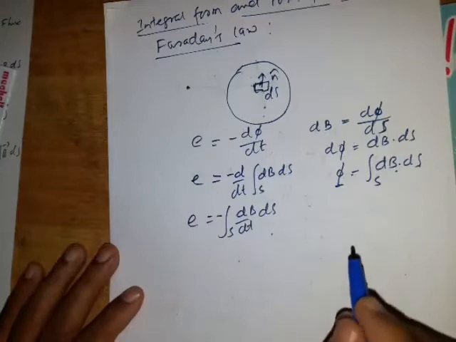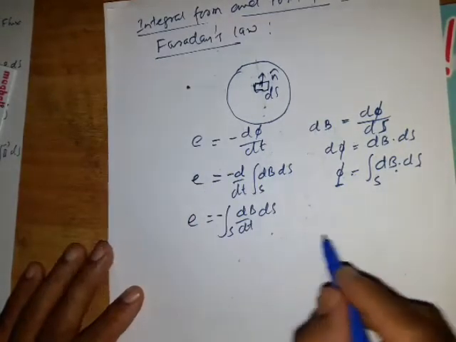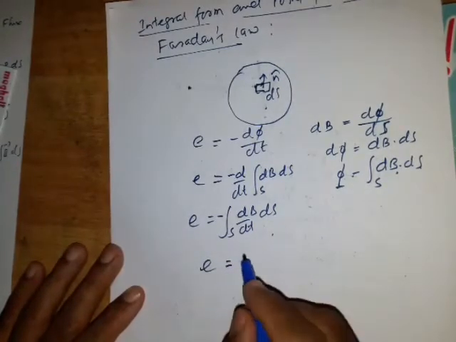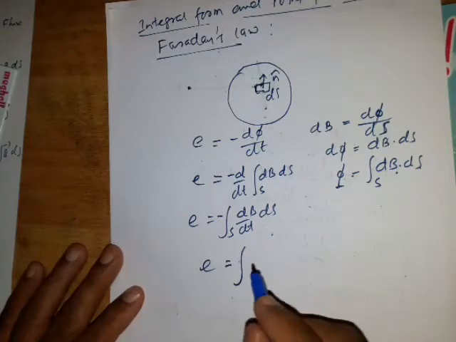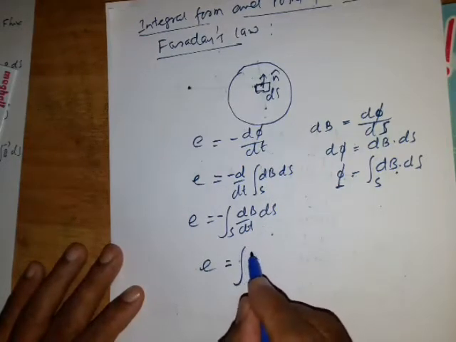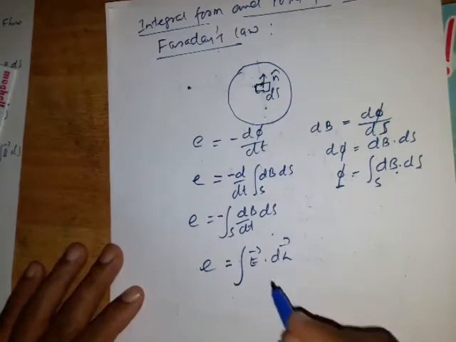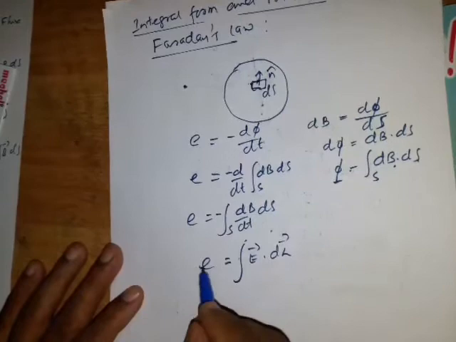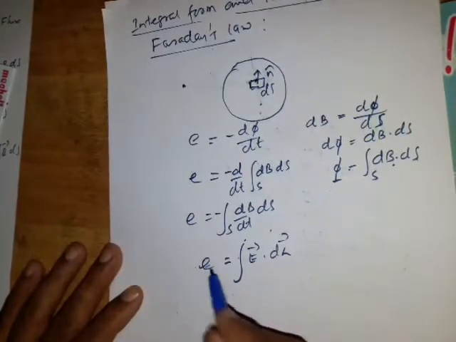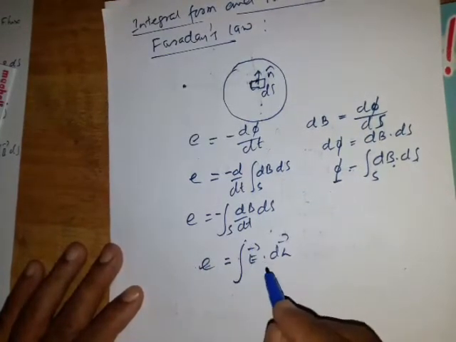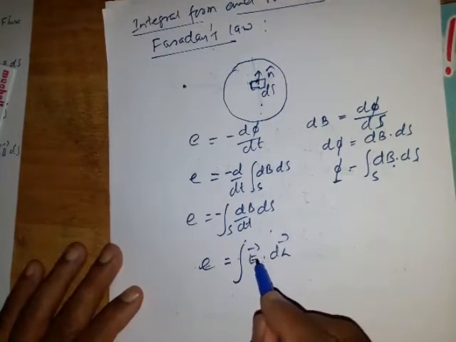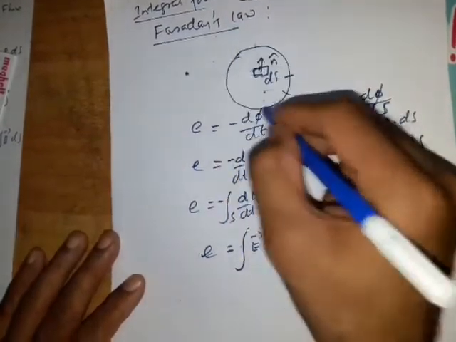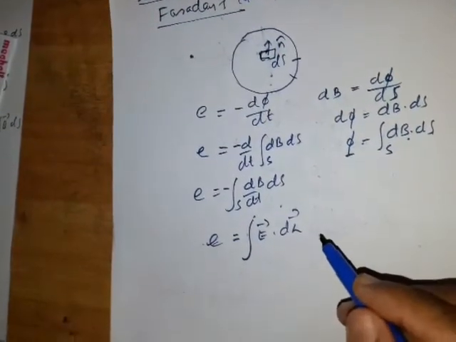Now I can write the induced EMF as the line integral of the electric field, so the induced EMF E is equal to the line integral of E dot dl, where dl is a length element along this circuit or the loop.